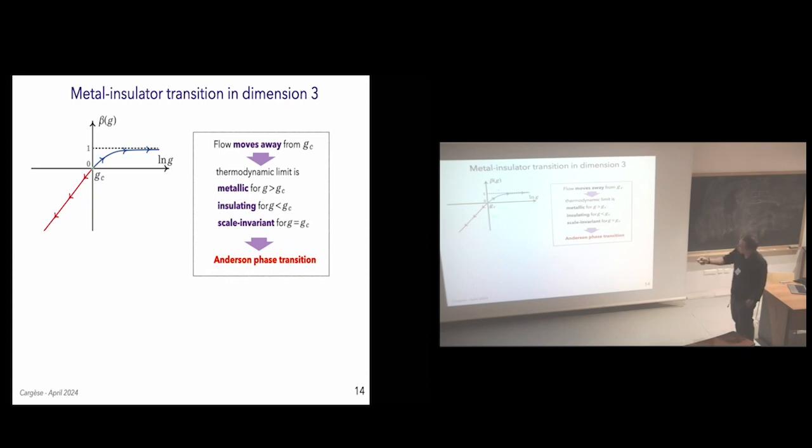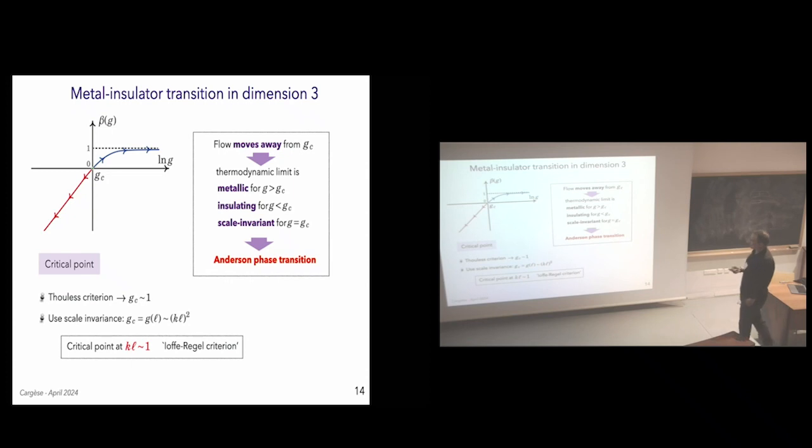It's also interesting to look a little bit more carefully at what this g_c represents in practice. So actually, if you resort to the Thouless criterion, you know that g_c should be of the order of 1, because that's the onset of localization. On the other hand, if you invoke the scale invariance, at this point you have scale invariance, so because beta is 0, g is independent of the size of the system.